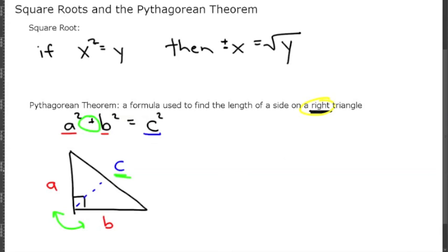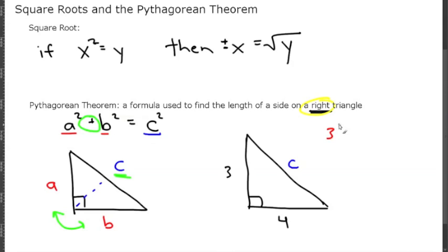So, let's look at a quick example. Say I give you a right triangle where one side is 3, one side is 4, and I ask you to find this side C. All we have to do is plug the 3 and 4 into our formula. So we're going to do 3 squared plus 4 squared equals c squared.